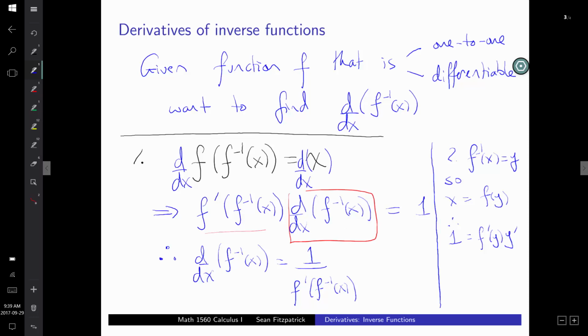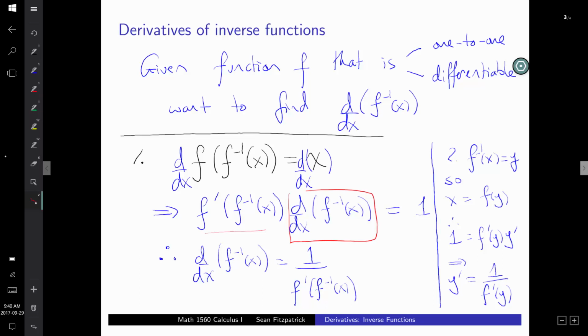The derivative of f evaluated at y, and because it's a function of y I have to multiply by y prime, and that gives me y prime, which is the thing I want. It's 1 over f prime of y, right? And of course y is f inverse of x, so these formulas are the same. It's just two different ways of seeing that you can obtain that result.